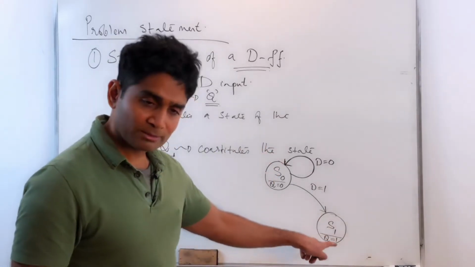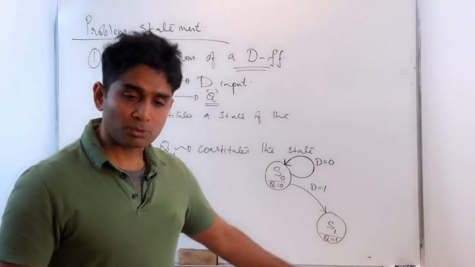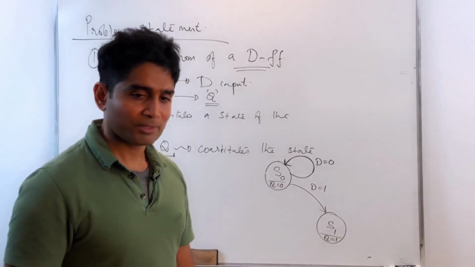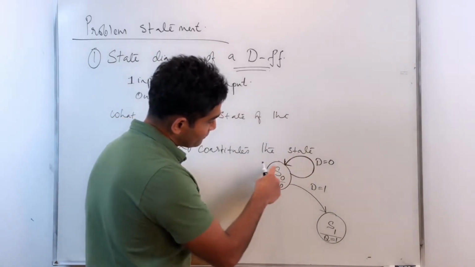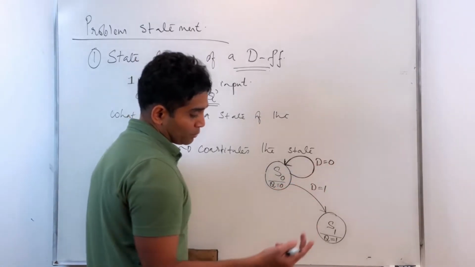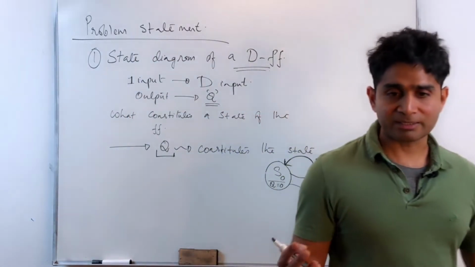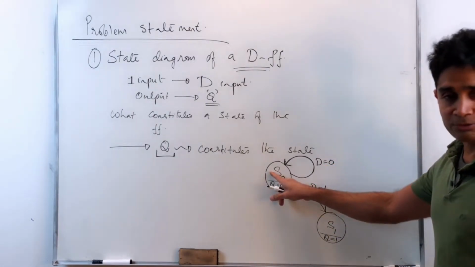So in the next active edge, I'll be transitioning to the Q equal to 1 state, or S1 state. Now, I have exhausted all combinations of the input when I'm in this state. I only have one input D, and the only two ways that the input can change is D equal to 0 or D equal to 1. So I'm done with this S0 state.